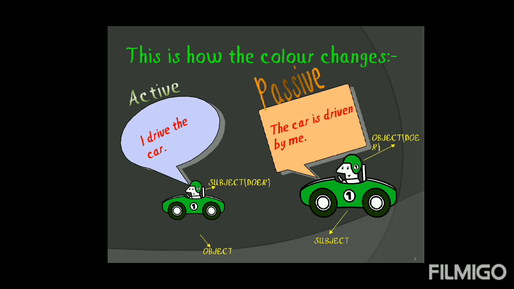The original doer remains passive, and as it remains passive, the sentence is called passive voice. So when the doer is not active, we call it passive. And those are the two different types of voice.